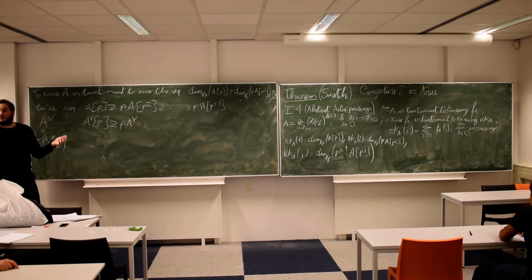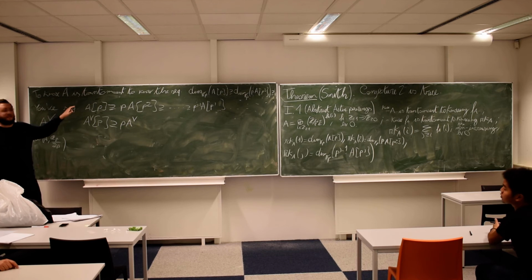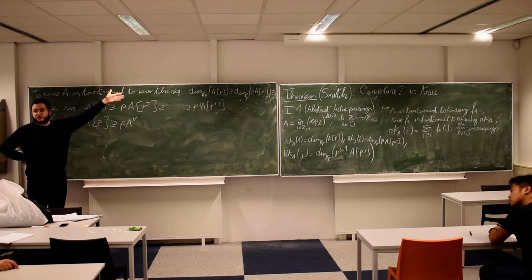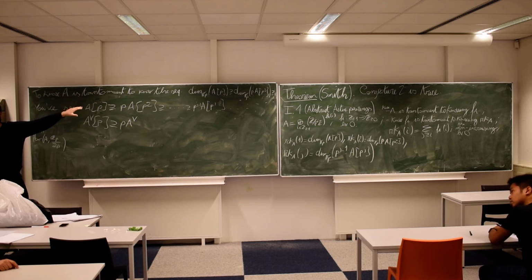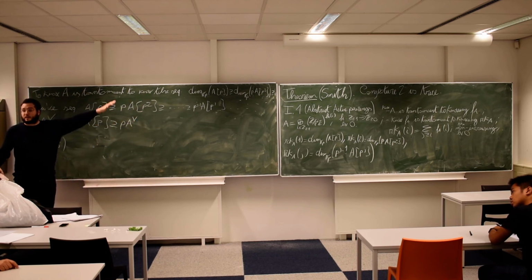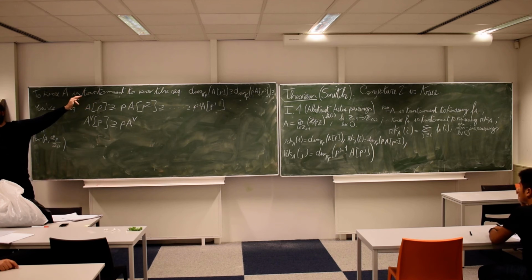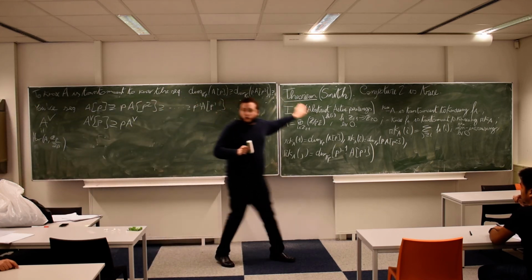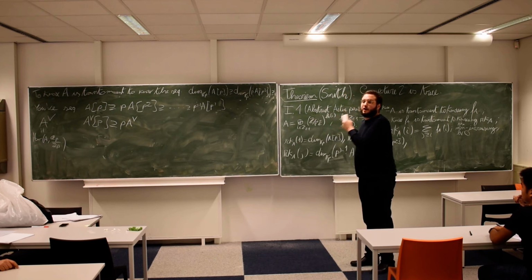The isomorphism class of A. If somebody tells you all the dimensions of these vector spaces, then you can reconstruct the isomorphism class of A. The goal is to determine how often a given abelian group A occurs.